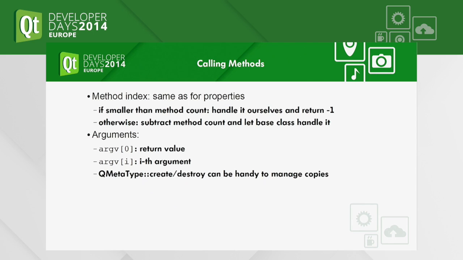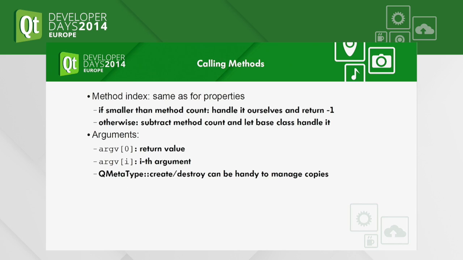For the arguments, it's slightly more straightforward here. The first one is the return value. So this is again pre-allocated storage of the exact type of the return value in which you write the result in the same way as we have seen earlier. And everything after that is the actual arguments with which the function is called.